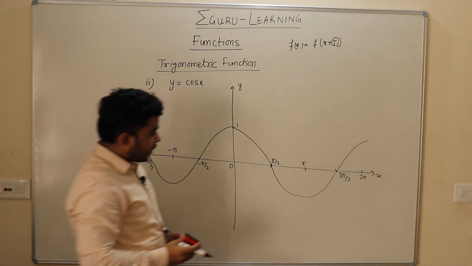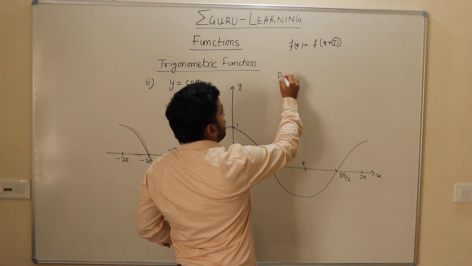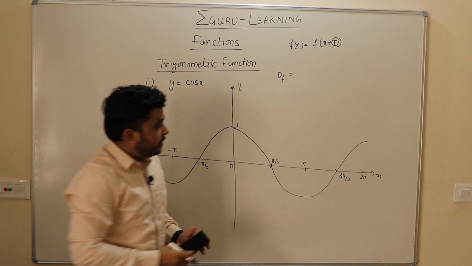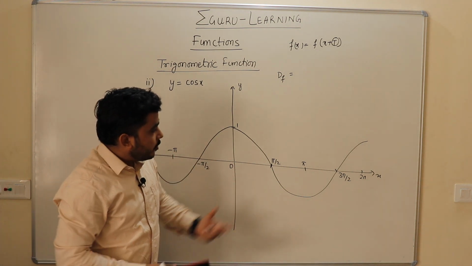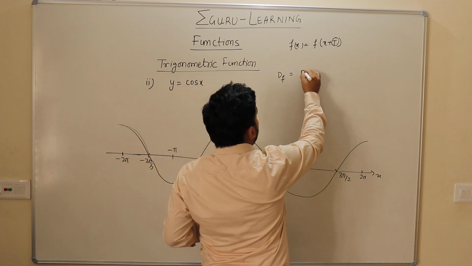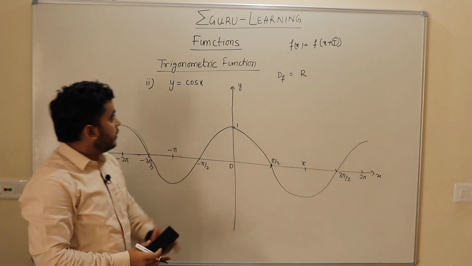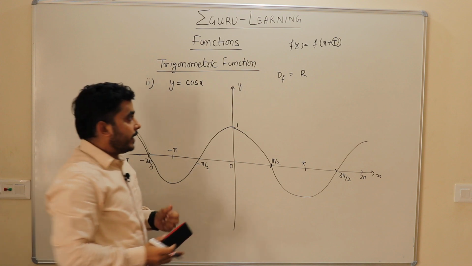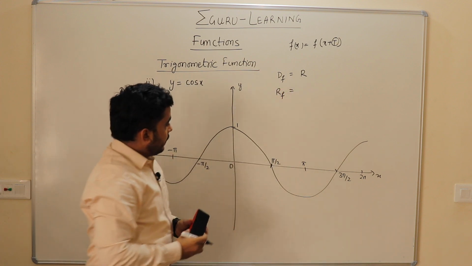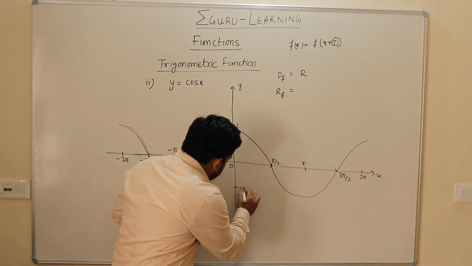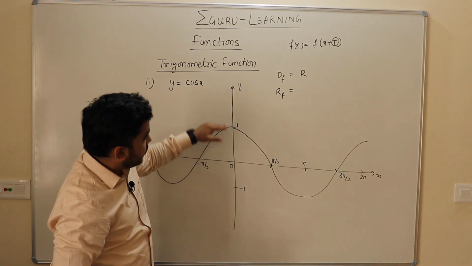Okay, talking about the domain of this function, the domain is all the values of the input that the function can take, and in this case, all real values form the domain of y equals cos x. Now talking about the range of the function, again this function can take only values from minus 1 to plus 1.